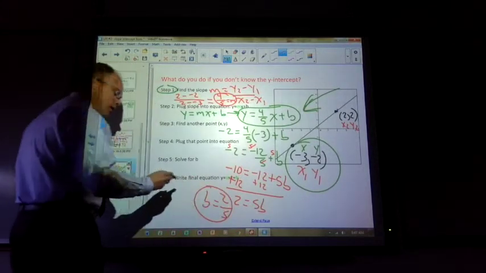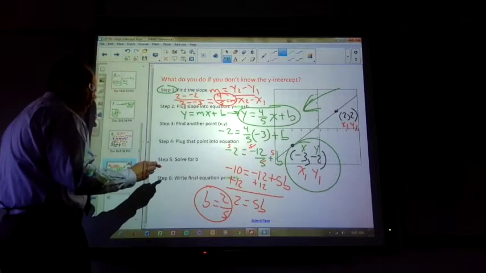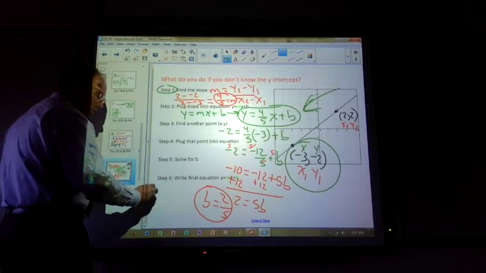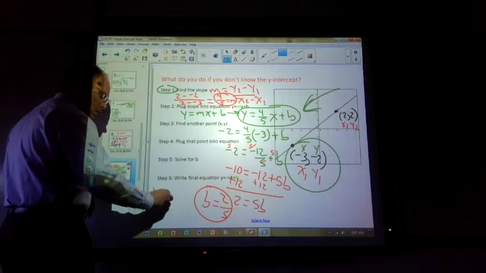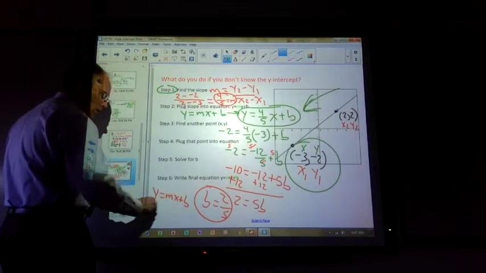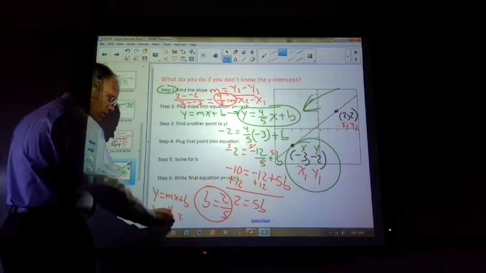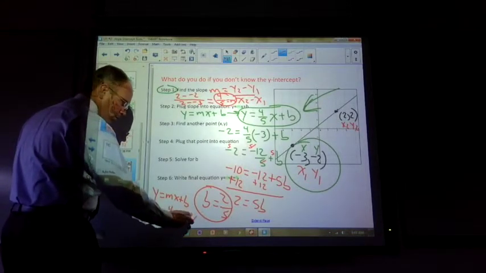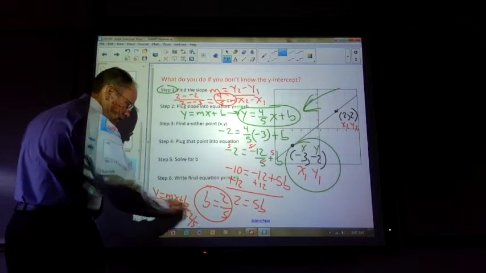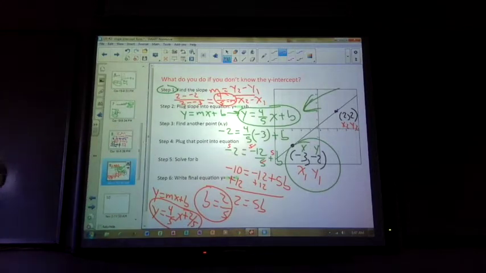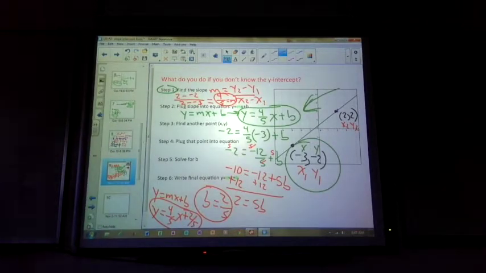B is that. Do I know slope? Yeah. So slope is what? 4 over 5. Plus 2 over 5. So my linear equation that contains those 2 points is y equals 4/5 x plus 2/5.